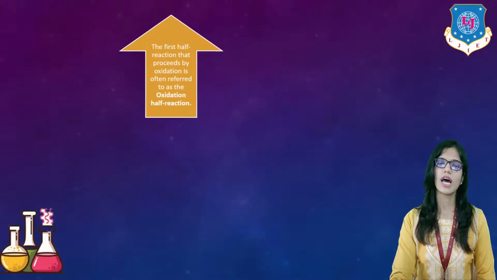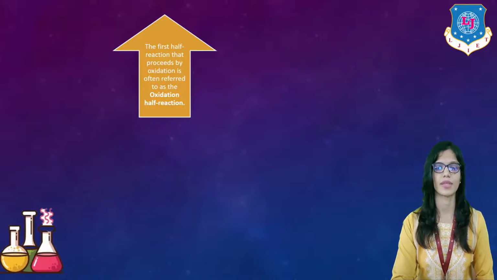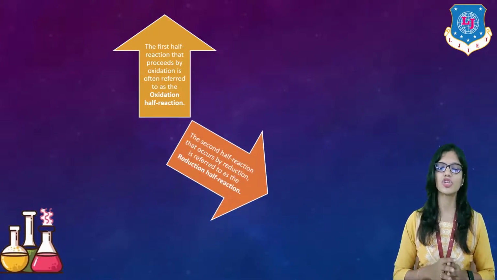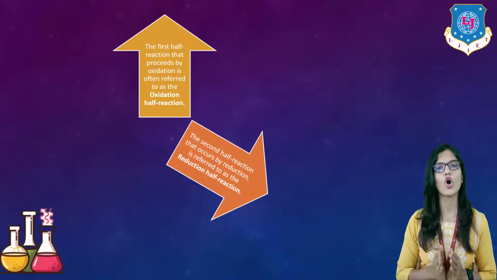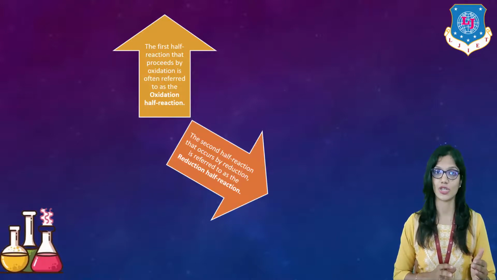The first half reaction, which proceeds by oxidation, is often referred to as the oxidation half reaction. The second half reaction, which occurs by reduction or gain of electrons, is referred to as the reduction half reaction.